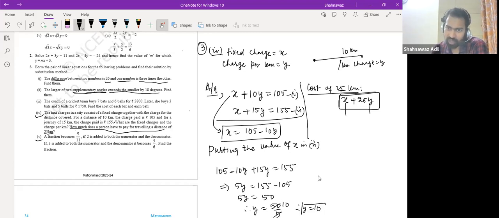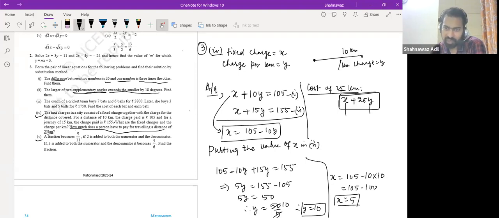We have calculated y, so we can calculate x. So x would be 105 minus 10 into y, which is 10. So 105 minus 100, which is 5. So x is 5. Fixed charges we have calculated, per kilometer charge we have calculated.